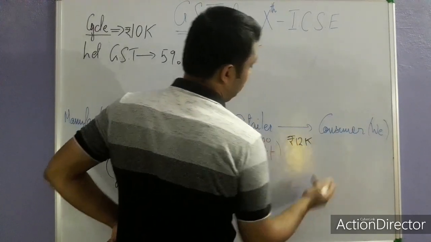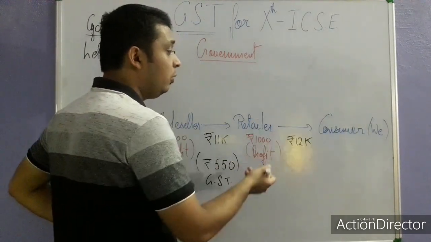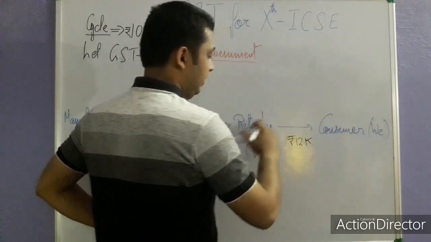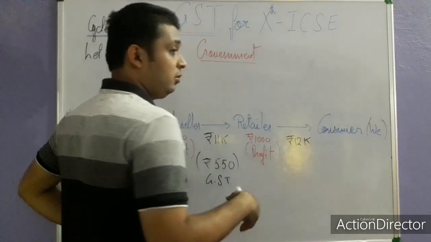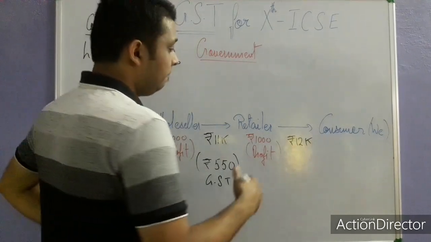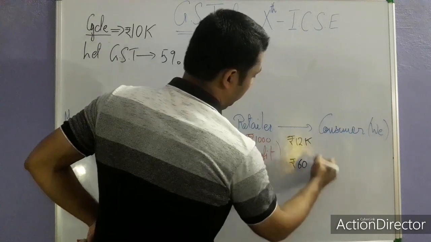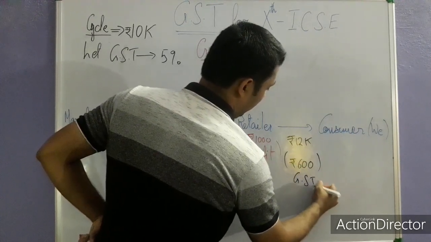But then since the retailer is being watched by the government, that he is selling the cycle to the consumer, the consumer has to pay the GST. Clear? So what is the GST amount here? 5% of 12,000 is rupees 600. So this is the GST amount.